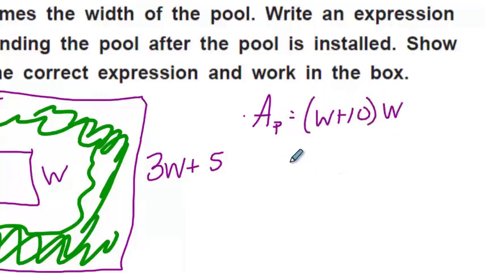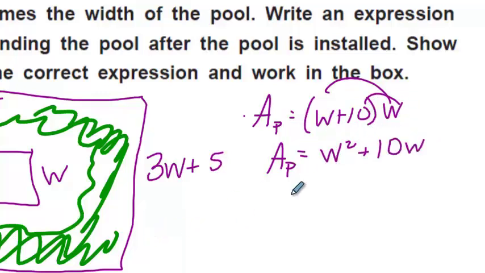The width is W. So what should I do? I want to distribute this, right? I'm just simplifying it. It's not going to be a concrete answer. So the area of the pool is equal to, what's W times W? What's 10 times W? Okay, so this is the area of the pool.